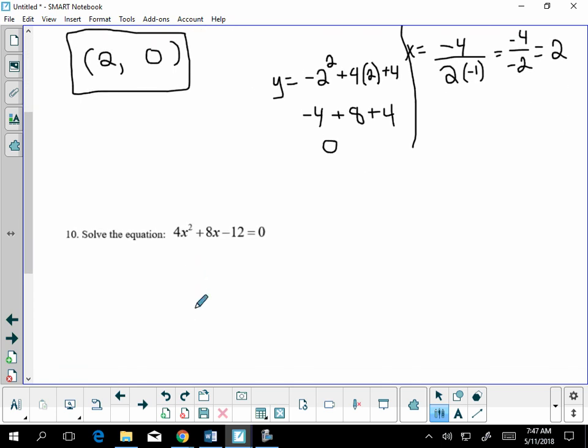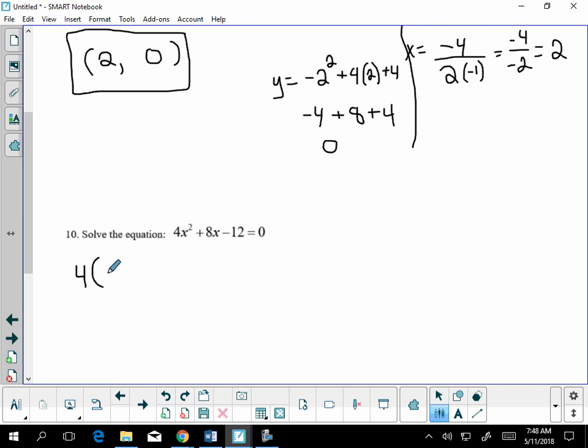All right, on this one, we want to solve it. You can only solve it if they give you an equal sign. There's a couple different ways that we could do it. We could graph it. I don't want to graph it. Or we can try factoring it. I'm going to start that. And I notice I have 4, 8, and negative 12. So I'm going to pull out a 4 because they're all divisible by 4.